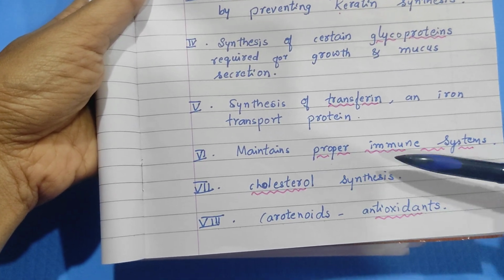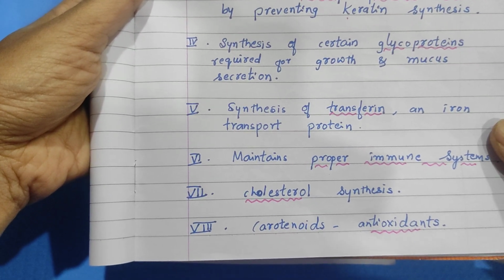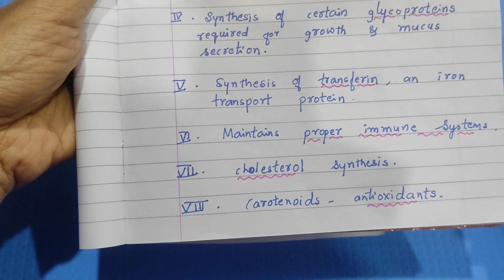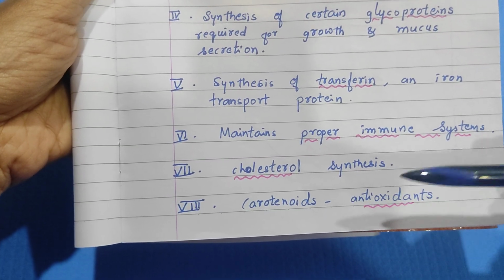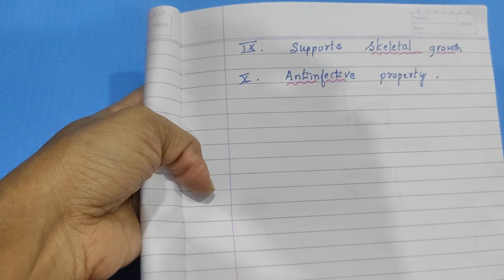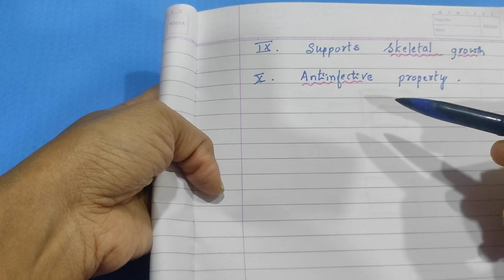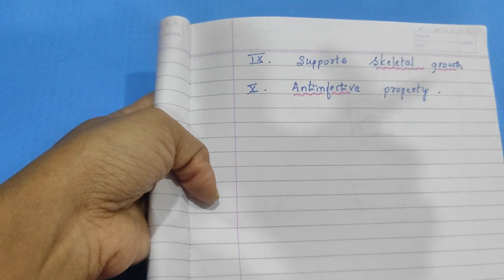It also maintains a proper immune system, helps in the cholesterol synthesis, and the carotenoids, they also act as antioxidants. It also supports skeletal growth, and it has anti-infective property also.